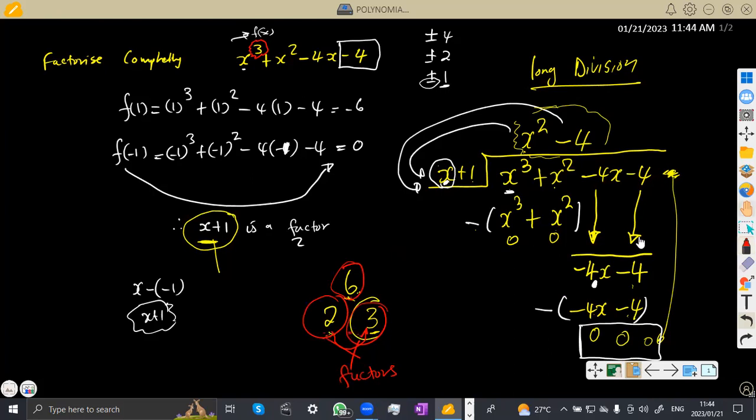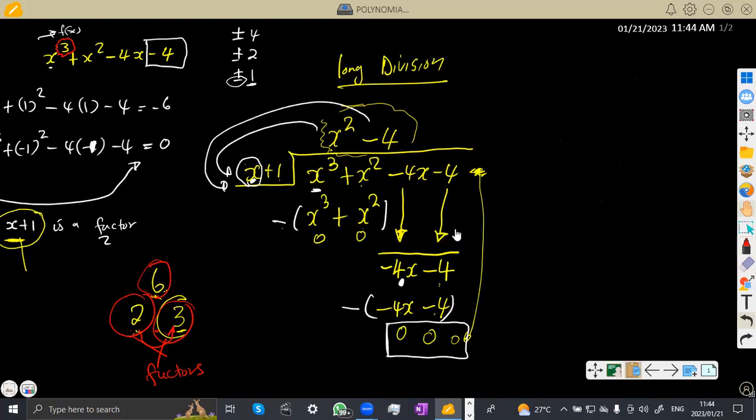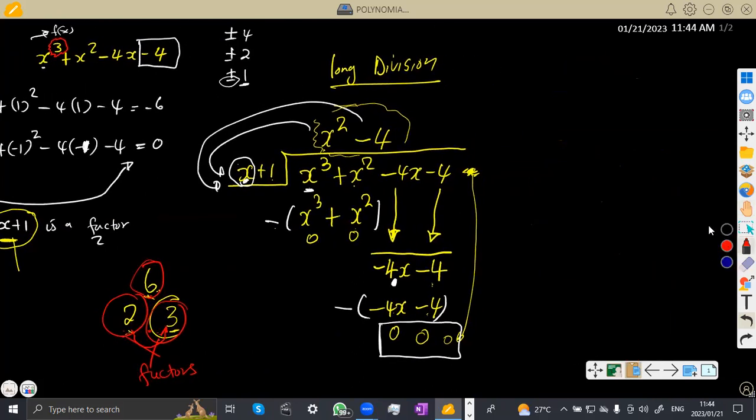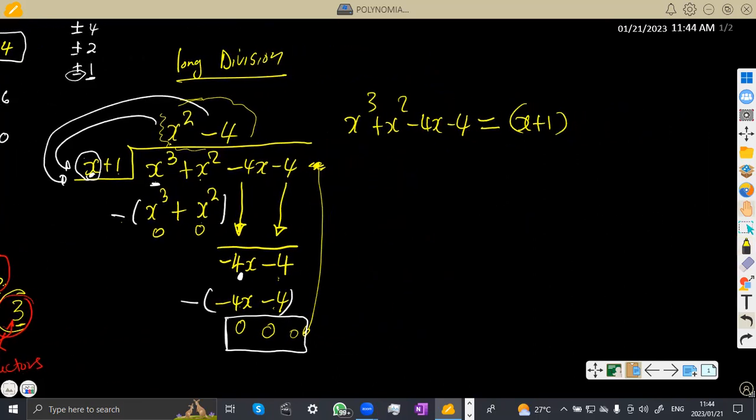So it simply means, guys, this whole expression that we had, x cubed plus x squared minus 4x minus 4, is equal to the first factor that we obtained, which is x plus 1, times the other factor that we obtained, which is x squared minus 4.